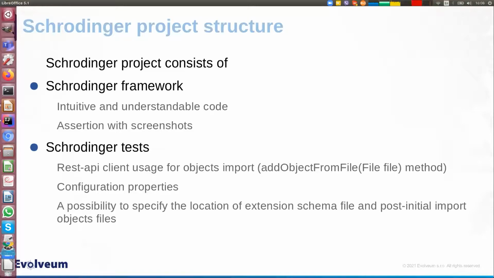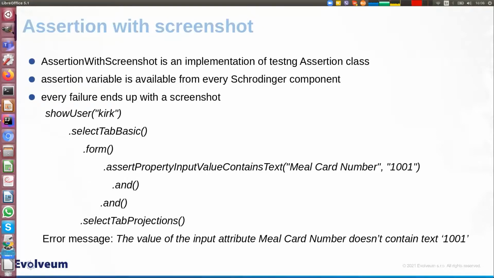To make the Schrodinger framework more fluent and more tester friendly, we created assertion methods for different conditions. As a basis, we used the TestNG assertion class, but we extended it with screenshots. And we also specified appropriate error messages, which point to a concrete error within the MidPoint user interface.